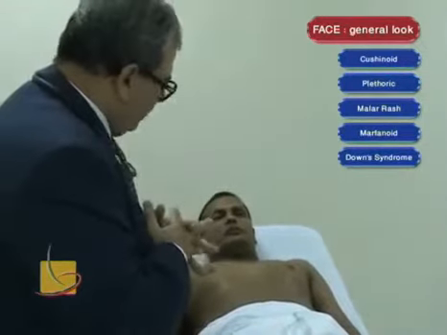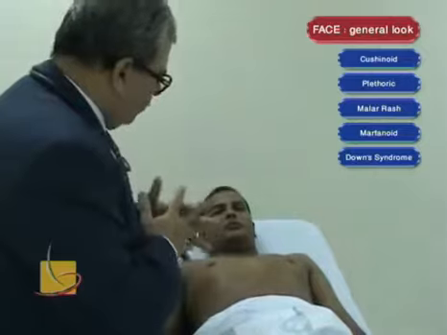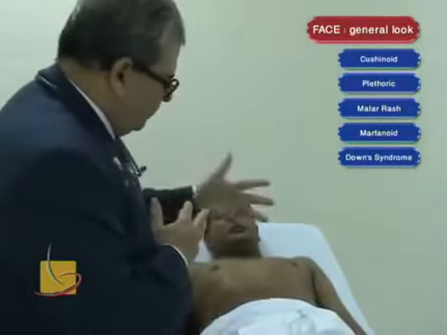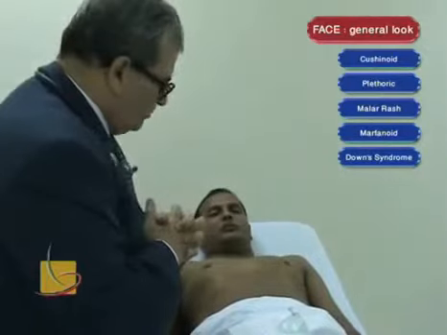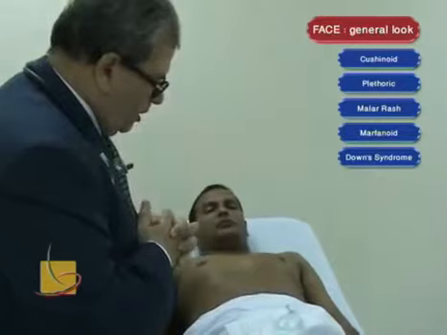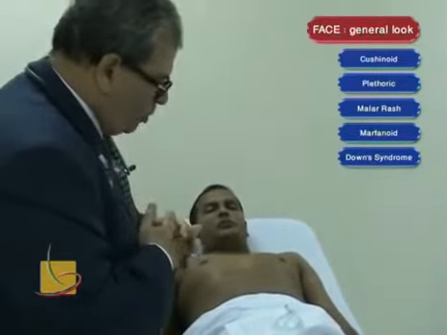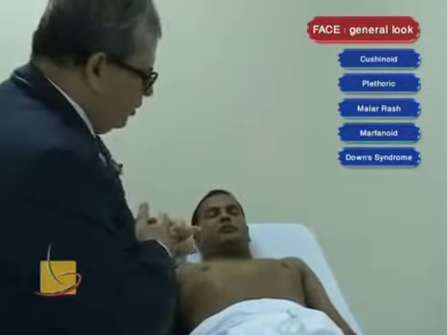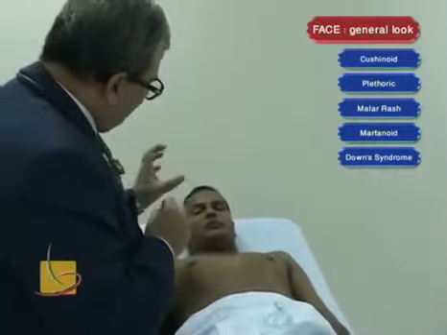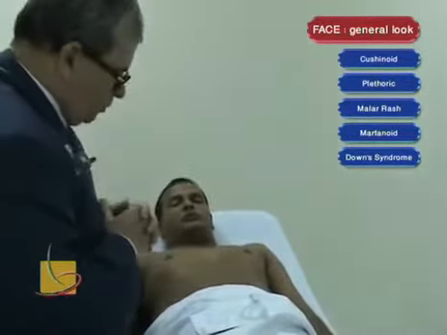For example, in Marfan syndrome, patient may have aortic regurgitation, may have atrial septal defect, may have mitral valve prolapse, and in Down syndrome, patient may have common AV canal or VSD. So it's very important to find if the patient has abnormal faces or not.